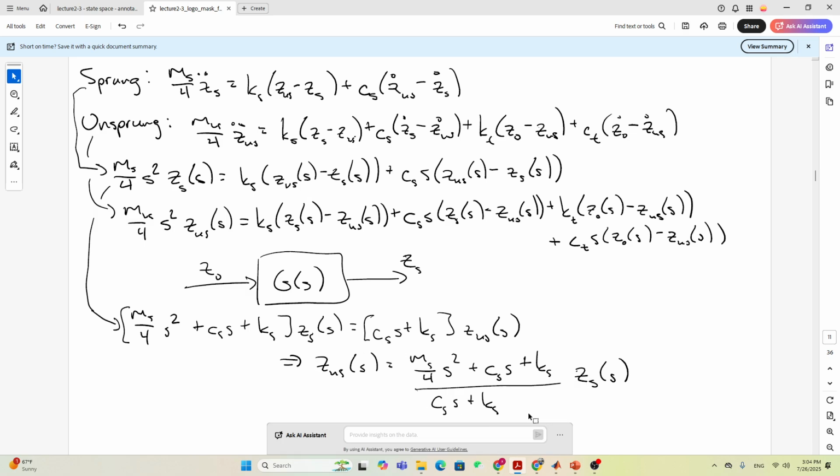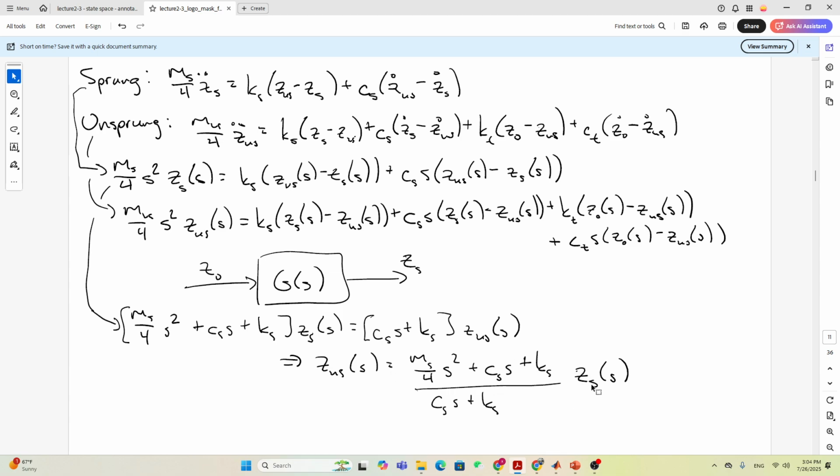So you get the following Laplace domain function. You move everything to one side, combine them, and get the ratio. That's how you get Z unsprung mass of s equal to a function of Z of S.